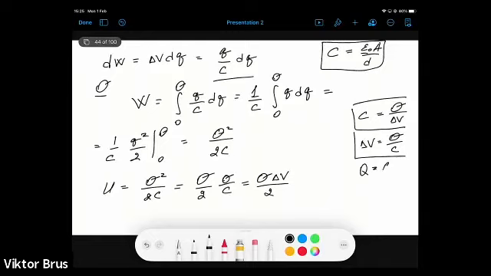Q can be expressed as capacitance times delta V. So now if we substitute here Q by its expression C times delta V, we end up with the most common equation for the potential energy accumulated in the capacitor as 1/2 times capacitance C times delta V squared.